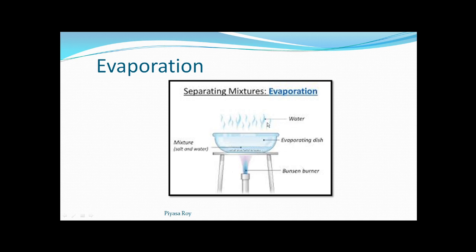The water part will evaporate, but the salt will remain in the evaporating dish. When all the water converts to water vapor, we can get back the salt in the evaporating dish. So by this process we can separate sugar and water or salt and water, these mixtures which are soluble in water.